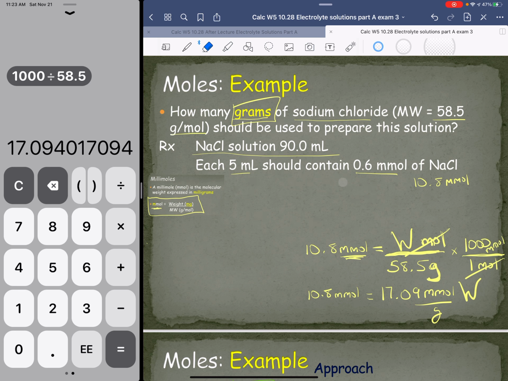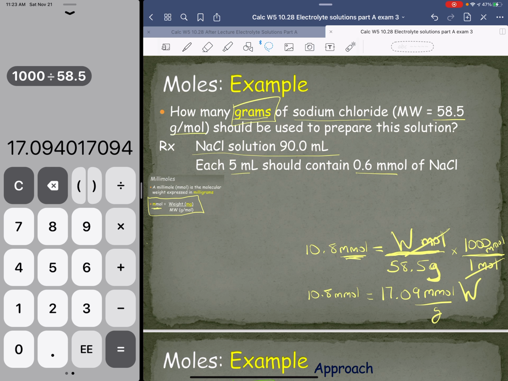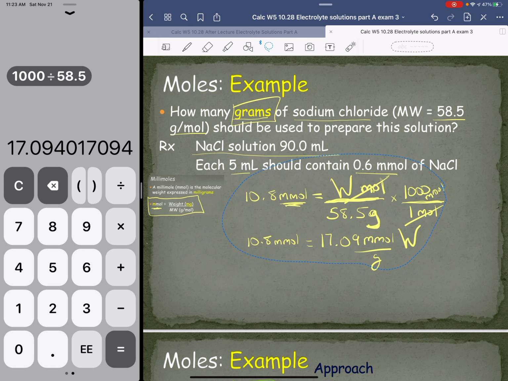The nice thing about iPads is being able to just move things and manipulate.